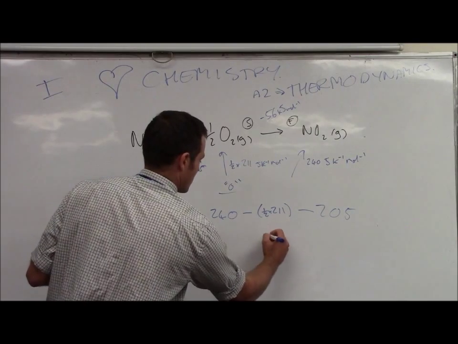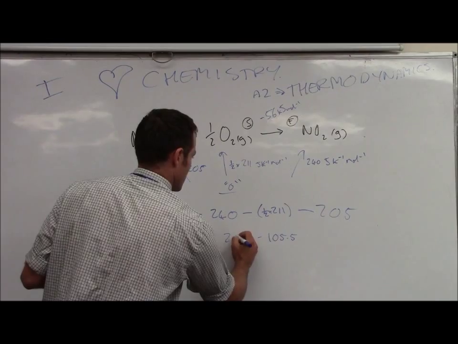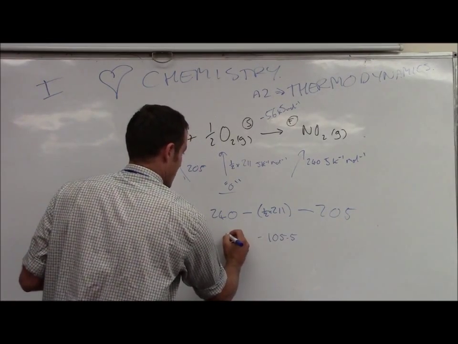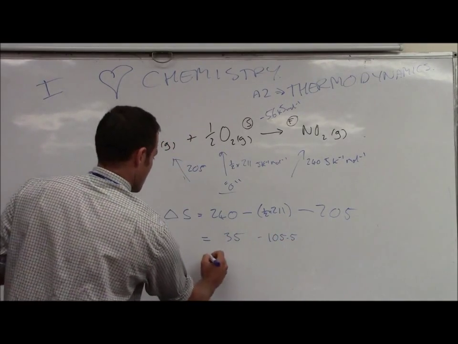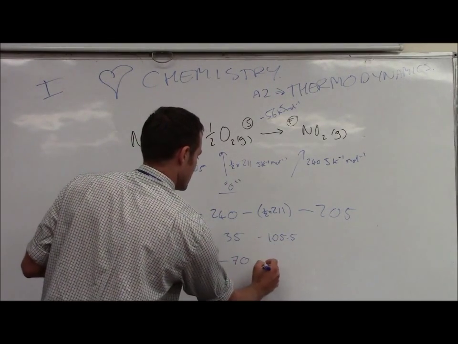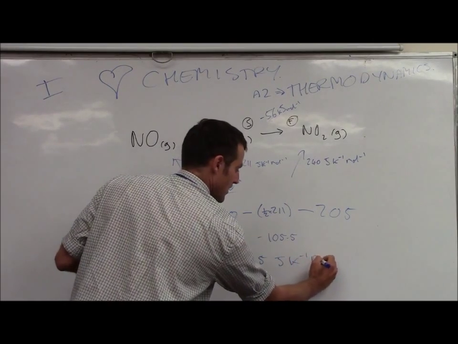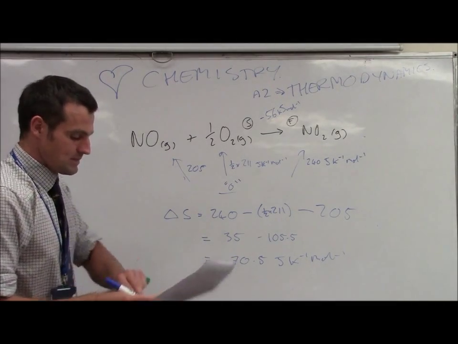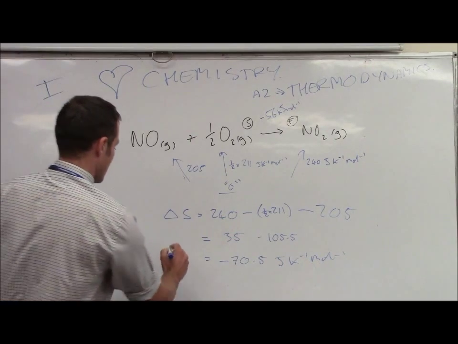So this is going to be 105.5 there. 240 take away 205, if you like, is going to be 35. 35 minus 105.5 is going to be minus 70.5 joules per Kelvin per mole. So that's the final answer, so that's delta S.